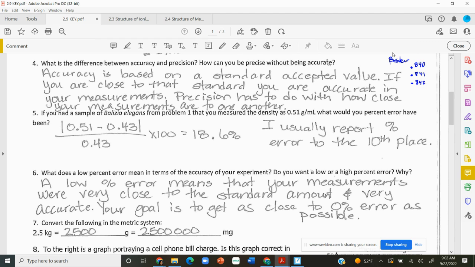These would have been very precise because they're right in line with one another. They're very close, but the accepted density was 1 gram per milliliter. So even though they're precise, they were not accurate. Good? Makes sense?